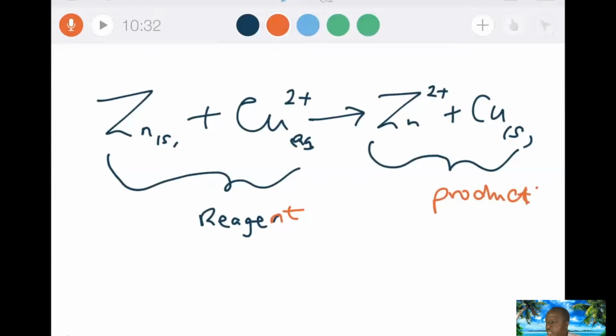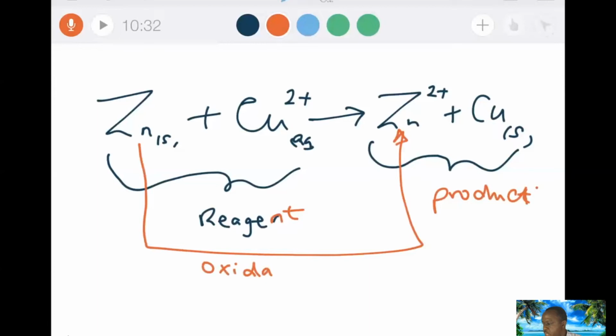So if I look at this, or identify here, this going to here, there is a loss: oxidation reaction. How do I know there is loss of what? Loss of electrons, from an oxidation state of 0 to positive 2, oxidation reaction.